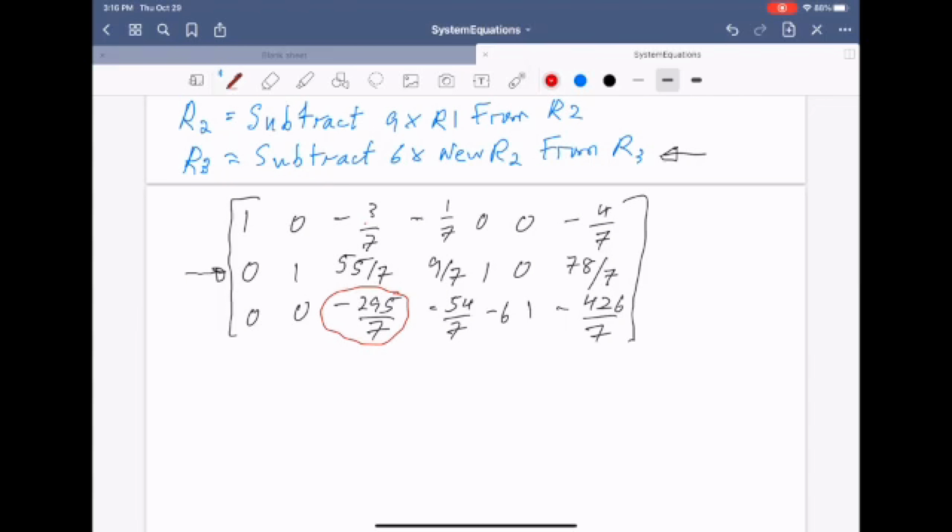But in order to do that, what we end up getting in the end is the following. So we're going to keep this matrix here. We're going to, in fact, just keep that the same way it was before. Minus 3/7, minus 1/7, 0, 0, and minus 4/7.